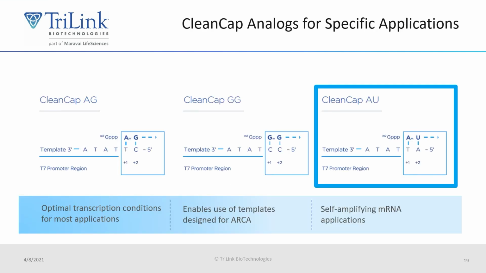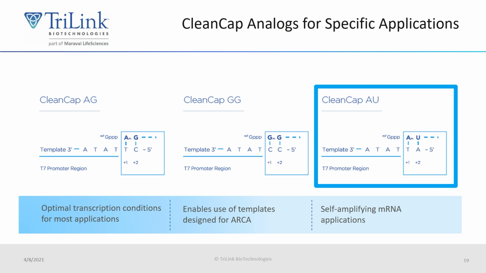Okay, so far we've reviewed CleanCap AG analogs, but here we wanted to highlight a couple other analogs, specifically CleanCap GG and CleanCap AU. CleanCap GG is an analog that is compatible with ARCA-designed templates. It's really meant for those who are unable to accommodate an AG start in their sequence and their template, compared to the GG start sequence, which we're showing here in the center.